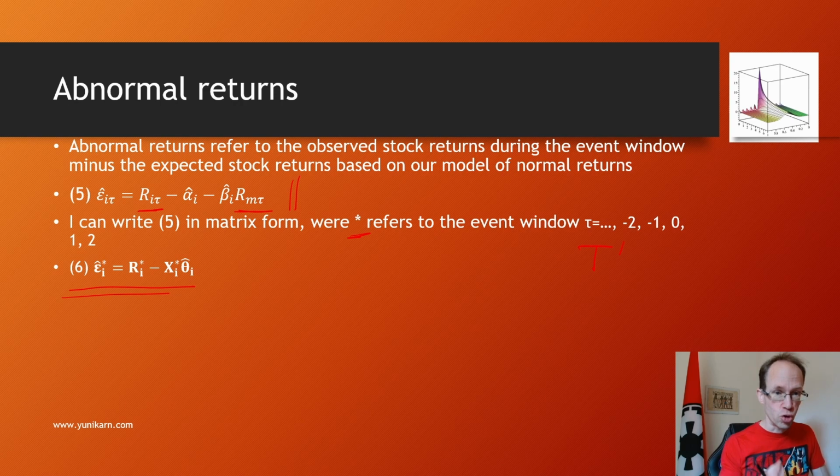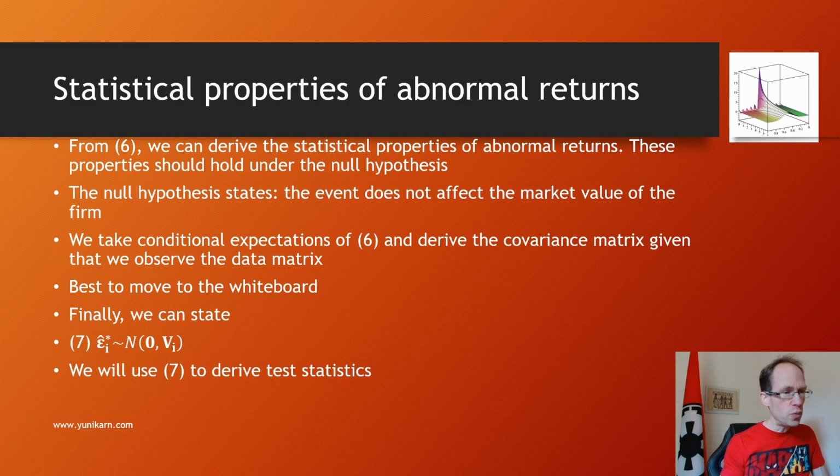These properties should hold under the null hypothesis. The null hypothesis states that the event does not affect the firm's market value. So how do we proceed? We take conditional expectations of equation 6 and derive the covariance matrix given that we observe the data matrix. Again, have in mind the data matrix contains the constant term and the observed stock market return, so the return of a market portfolio during the event window tau.